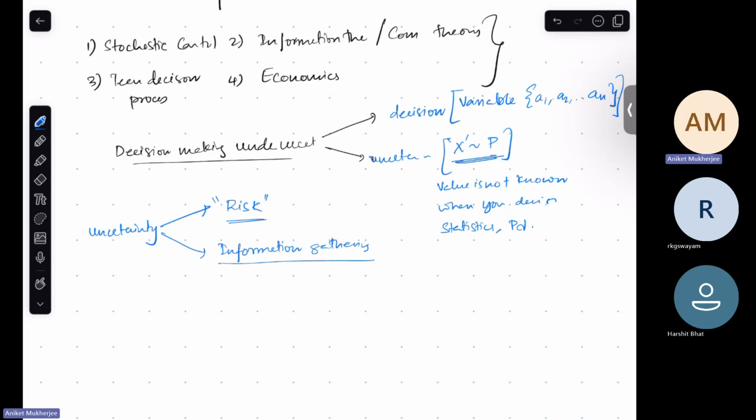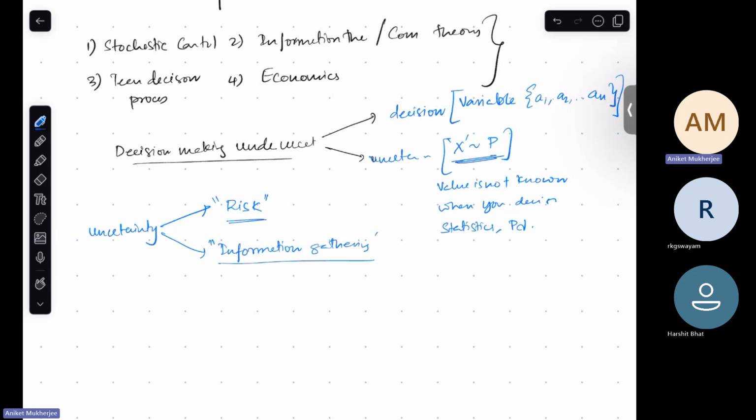You know the statistics of the uncertainty, but after taking a decision, you are not allowed to know what the uncertainty is. Under these two different settings, the best decision that you can make also changes, given you have different information gathering policies. So if you have uncertainty in the system, these two things, risk and information gathering, are more evident.